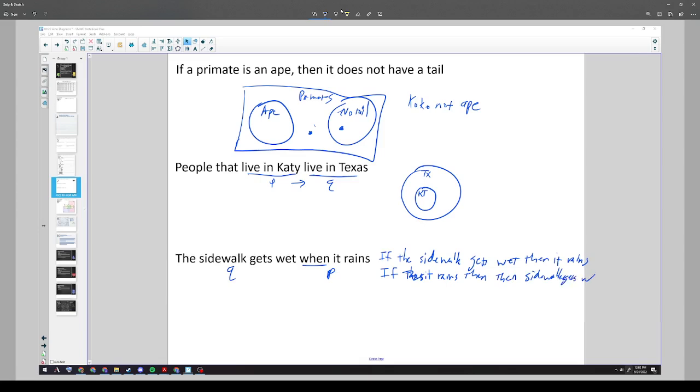Not strictly true necessarily, but we're taking it as true here. So we have if it rains, that's our hypothesis, it goes here, so this is rain. Then outside of that, we have sidewalk gets wet. The sidewalk could get wet in other ways that are not rain, but that's going to be our relationship there.